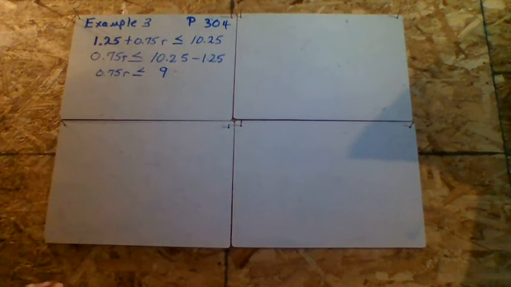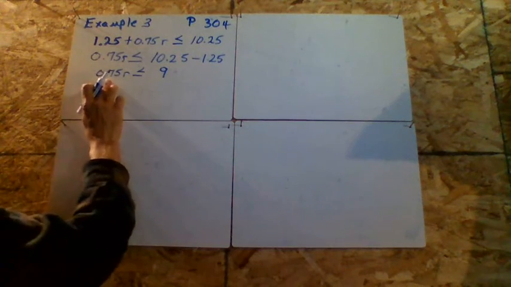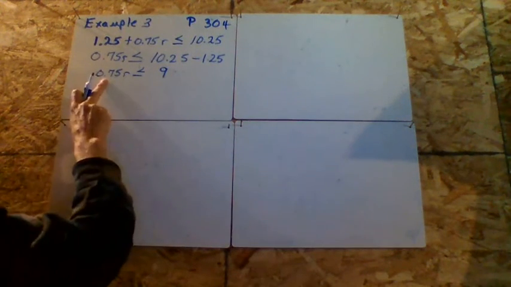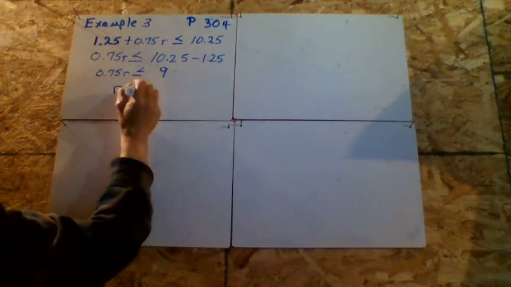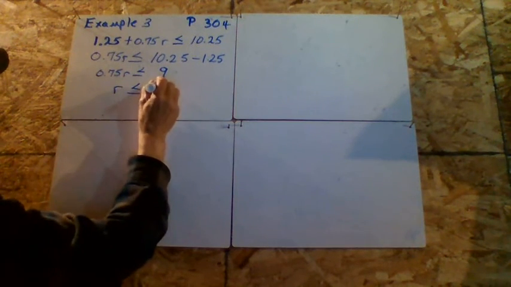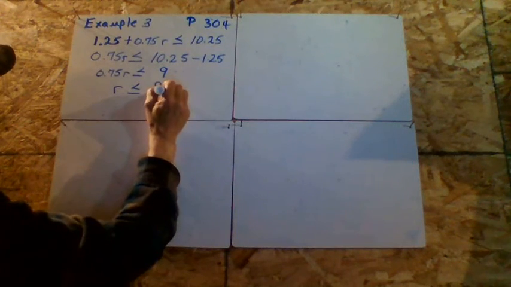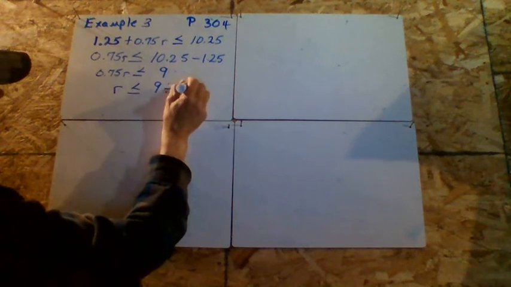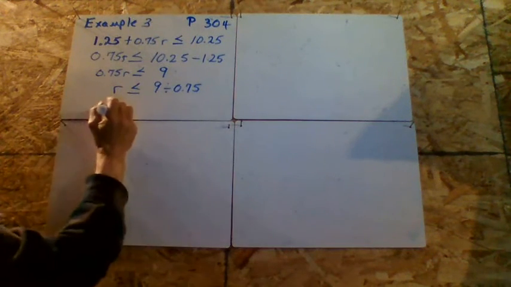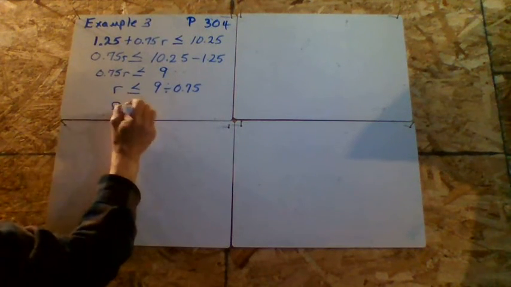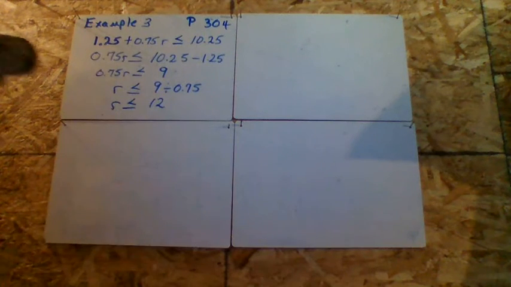I have to get rid of that 0.75 or send it over to the right. It's a multiplication, so it'll have to go over as a division. 9 divided by 0.75. And when I do that, it gives me 12.